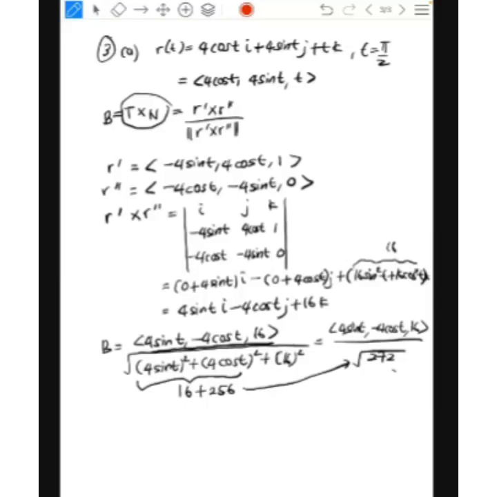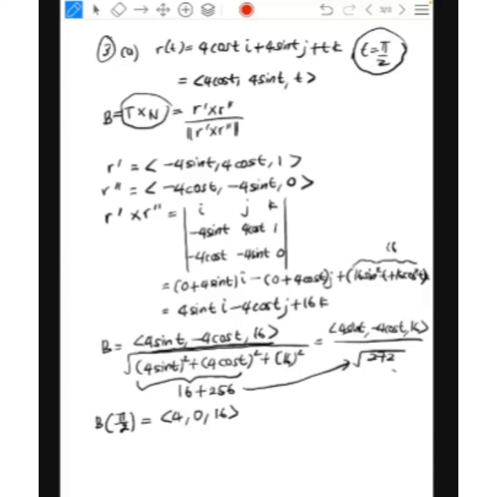So it will be 272. And then the question asks you to substitute the value of t equals to pi over 2. So binomial at pi over 2 will be sin pi over 2, which is 1, 4. Cos pi over 2 is 0.